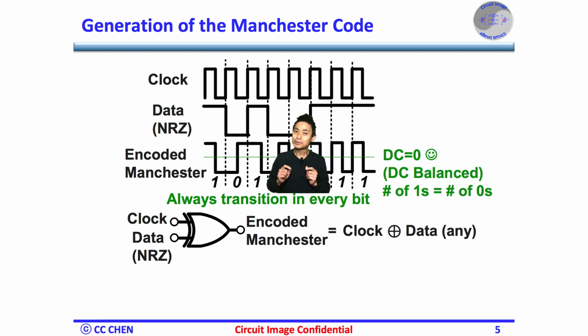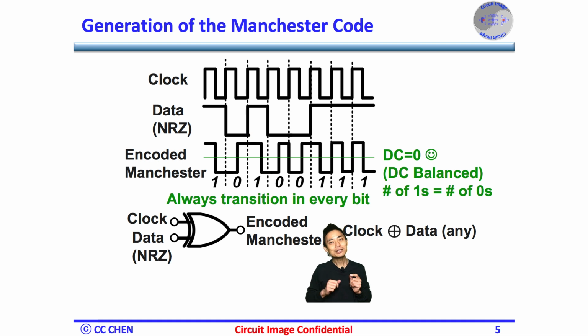From the waveform image, it should be easy for you to tell a low to high transition represents a logic 0, and a high to low transition represents a logic 1. Is this Manchester encoding difficult to generate by looking at the clock and data waveform here? Can you please look at the clock, NRZ, and Manchester data image one more time?